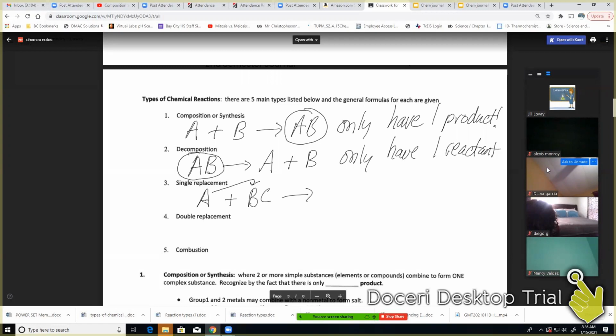So when you have your product, you can see A came and kicked B off. Now A is part of the compound and B is just all by itself. So the way you recognize this is that you have a single element plus a compound.